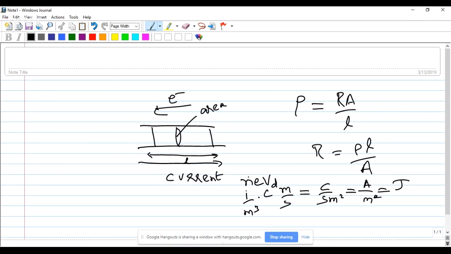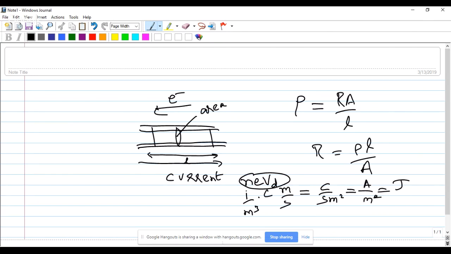So n e v_d represents your flow of electrons, and we usually take flow in one particular direction. So that is why the cross-sectional area comes in. So if you have a hollow conductor, your cross-sectional area will now change. It will be the effective region in which your electrons are moving. It will not be the entire cross-sectional area, but it will not change much.